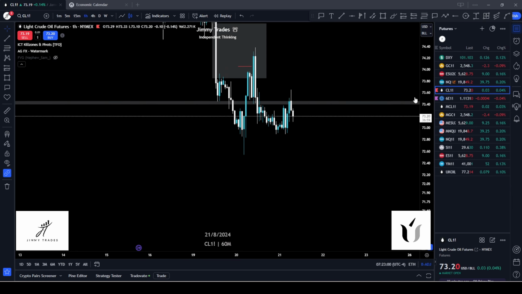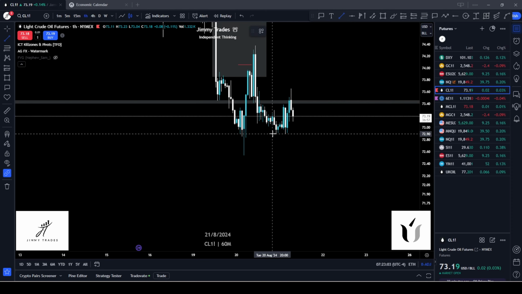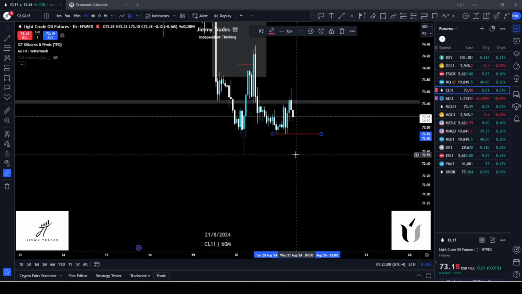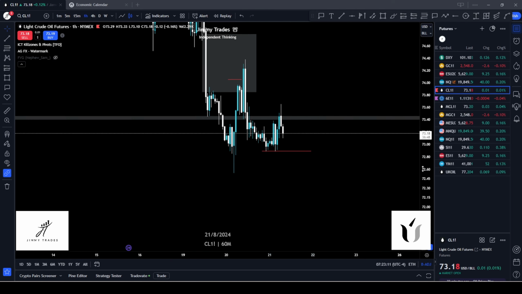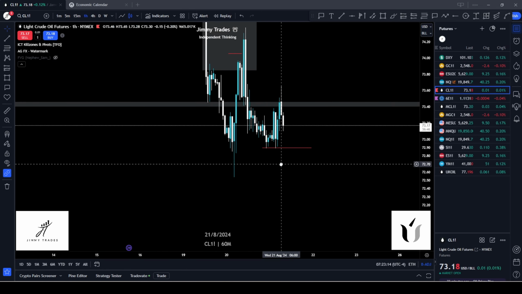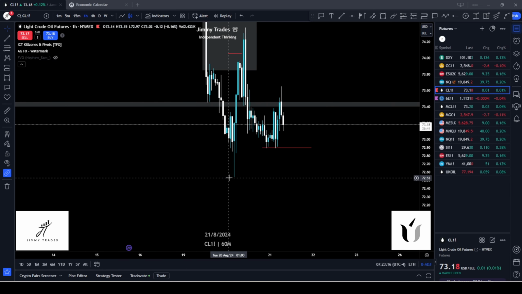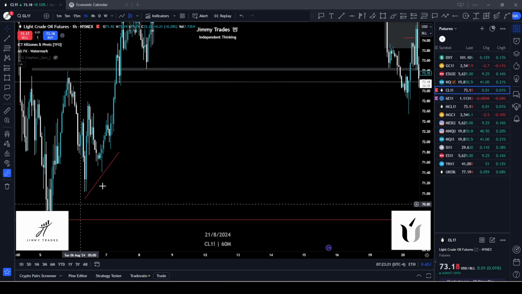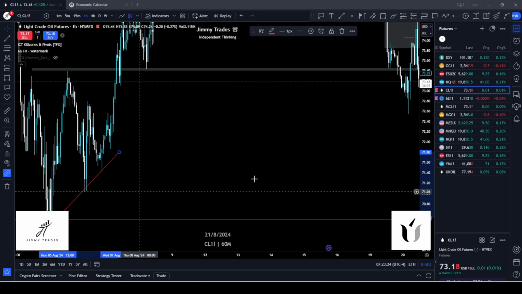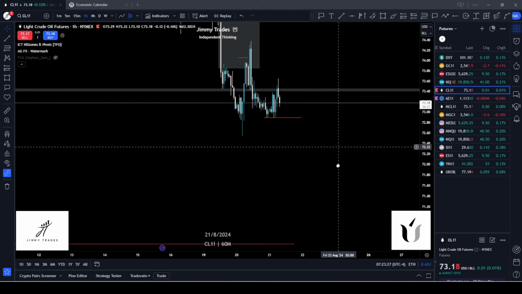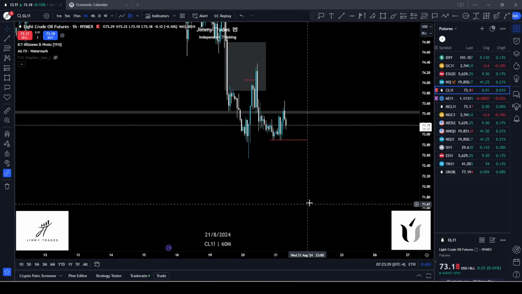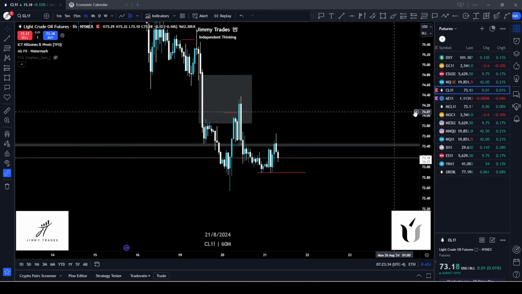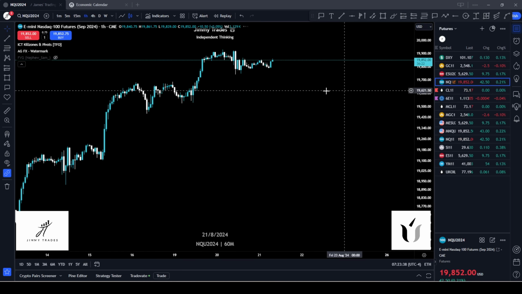And today we also see that we have these equal lows. We know price loves equal lows. So that would be a good first target. And then this low here, followed by the low resistance liquidity that runs through this region here. Not saying we'll get through here today, but that's where I believe price is heading. Right, NQ.